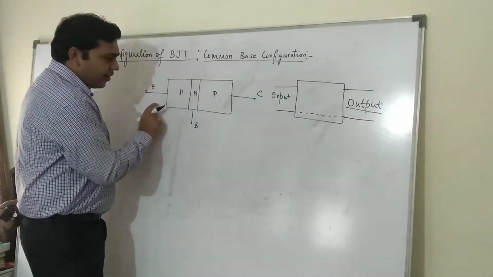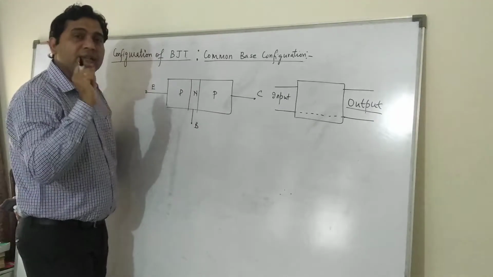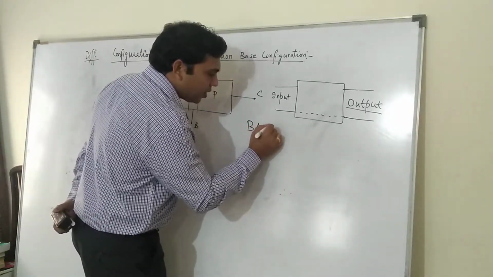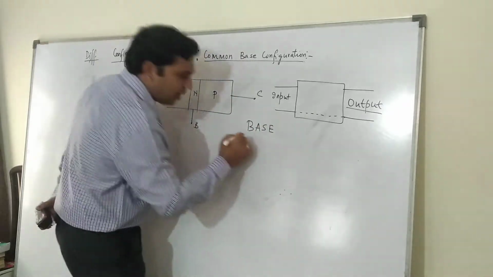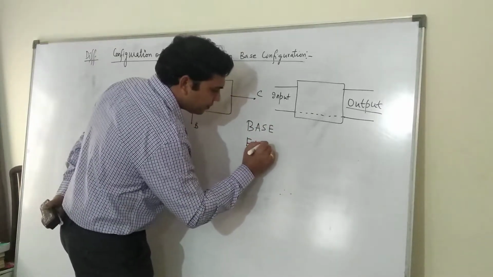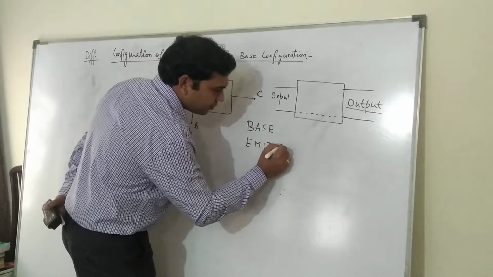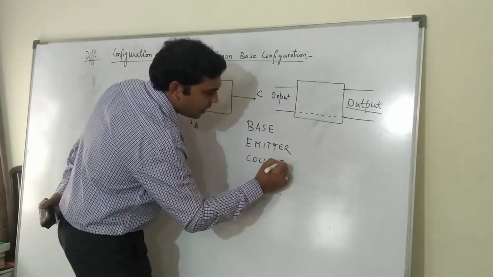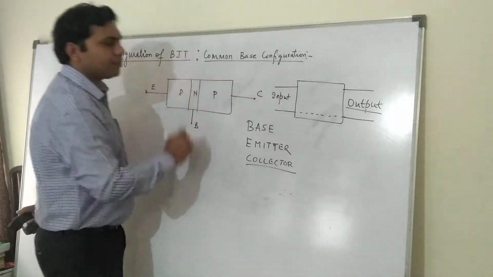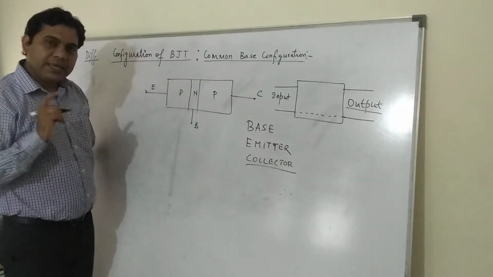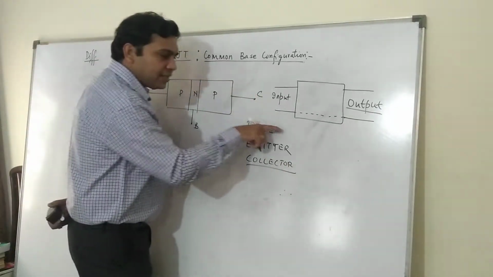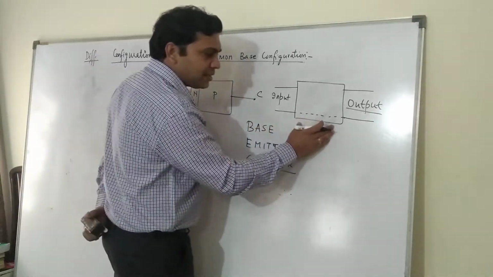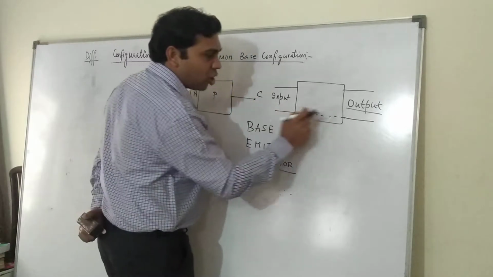Since we have three different terminals, we can keep either the base common, or the emitter common, or the collector as the common terminal. So we have the common base configuration, in which the base is the common terminal between input and output.